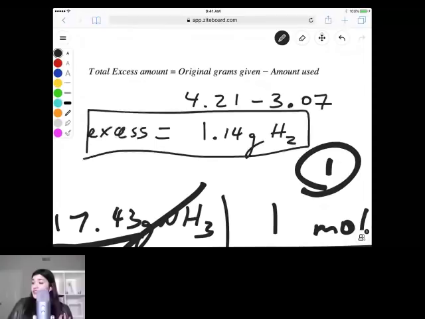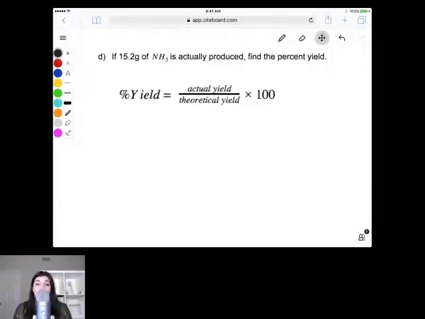The next question is asking, if 15.2 grams of NH3 is actually produced, find the percent yield. Okay, so percent yield, there's a specific formula for this. It's actual yield divided by the theoretical yield times 100. We found our theoretical yield, right? The theoretical yield is always what you find before. Remember, theoretical yield is what your limiting reactant produces.